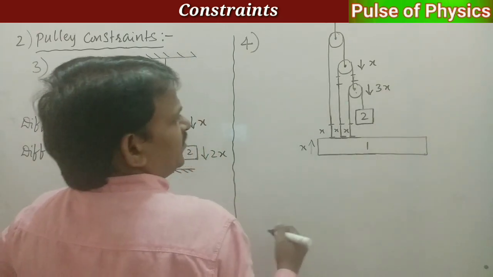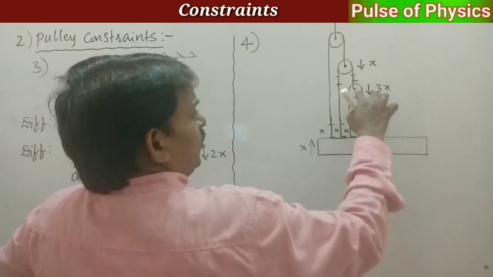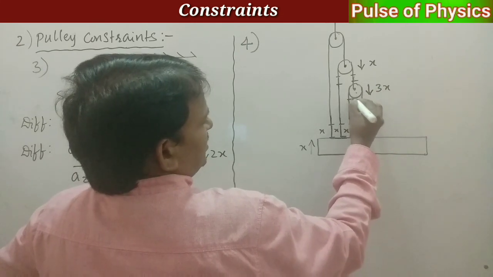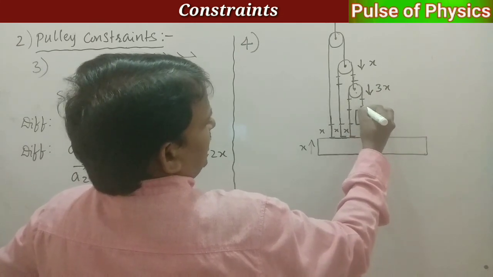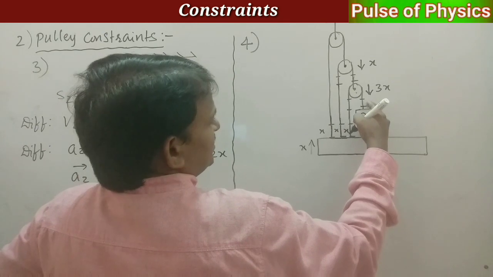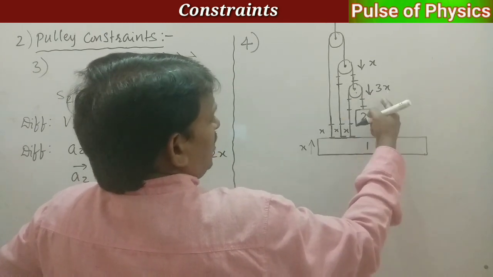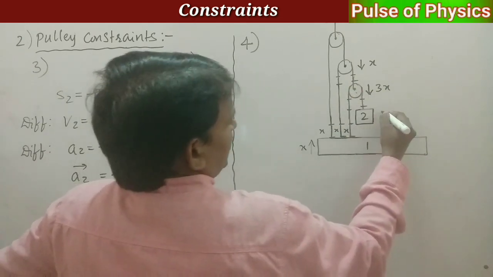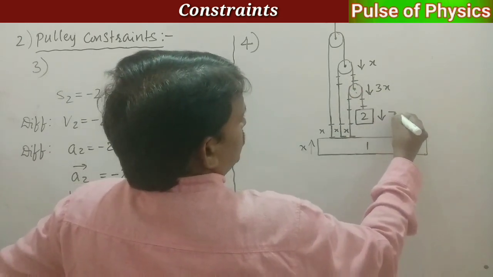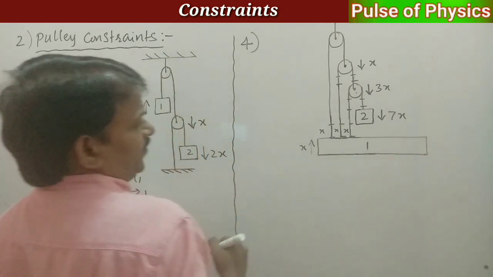It moves down. Then this pulley moves 3x centimeter. This side, 3x plus 3x, 6x centimeter, string becomes loose, and with this x, this block moves 7x centimeter down.